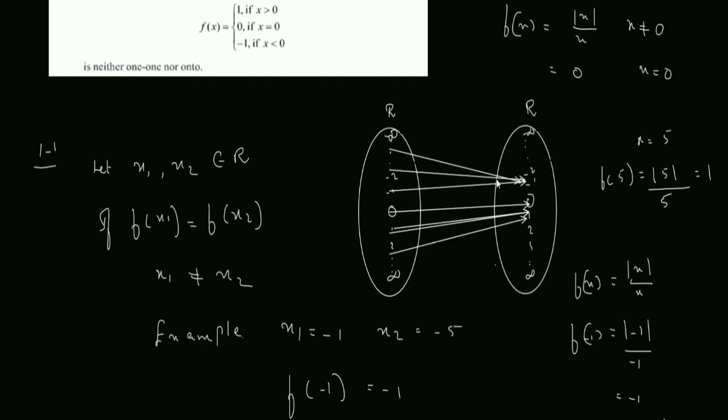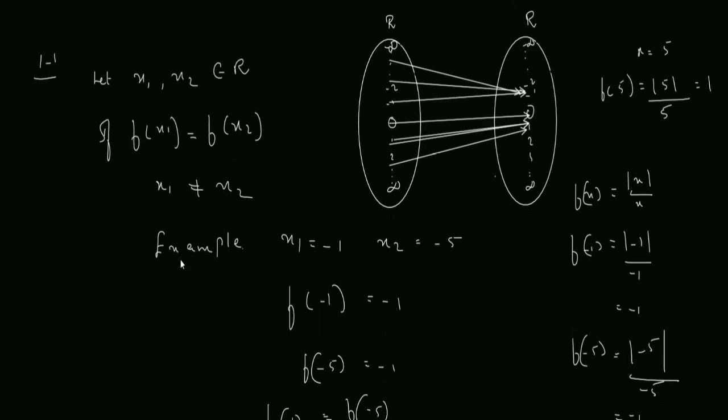So it's very clear that different elements have the same image. So the function is not a one-to-one function. Now we'll prove it. x1, x2 belongs to R. f of x1 is equal to f of x2, but x1 is not equal to x2. Let us take an example. x1 is minus 1, x2 is minus 5. f of minus 1 is minus 1. f of minus 5 is also minus 1 because minus 1 and minus 5 are negative numbers.